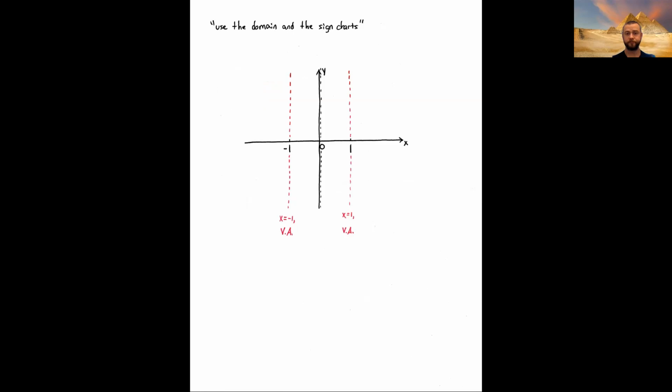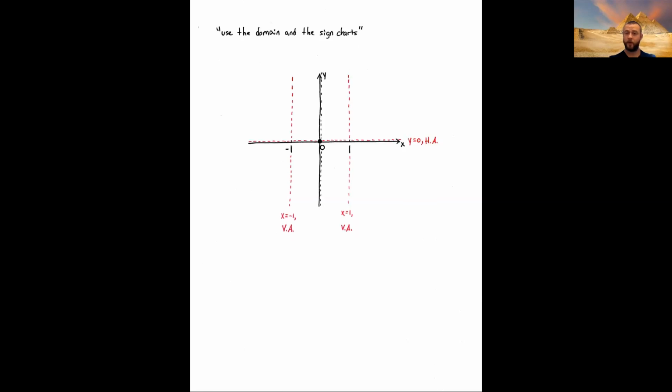All right, so we basically end up with 4 intervals here. And if you refer to your previous information that we found, we had a single point, which was the x and y intercept, 0, 0. And we also found that this function has a horizontal asymptote of y equals 0.